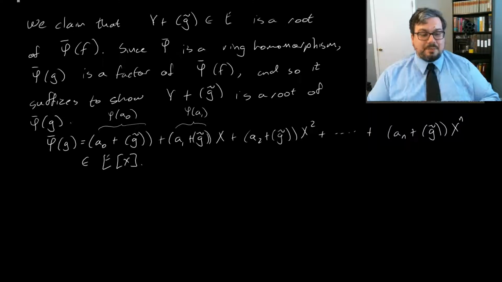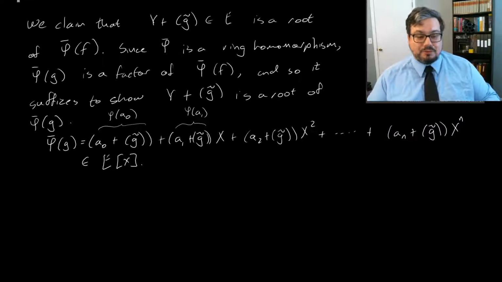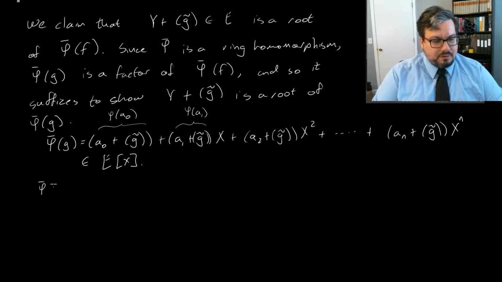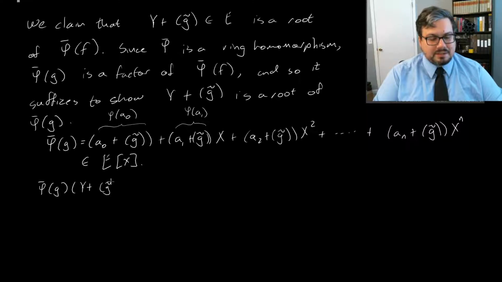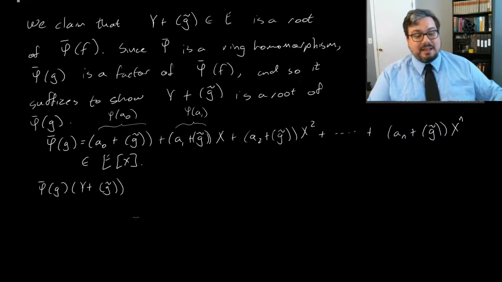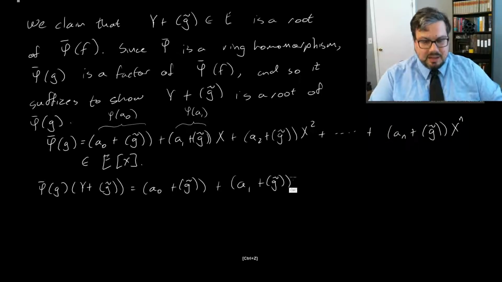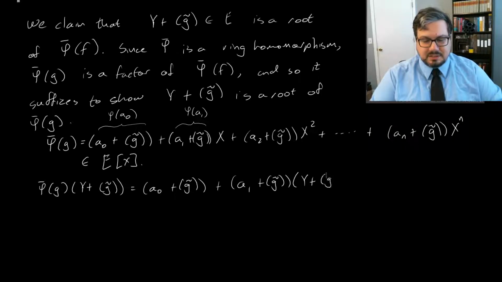So now let's see what happens when we take this polynomial, phi bar of G, and evaluate it at the element y plus G tilde, which is an element of E. So this by definition will be A0 plus G tilde plus A1 plus G tilde times y plus G tilde.